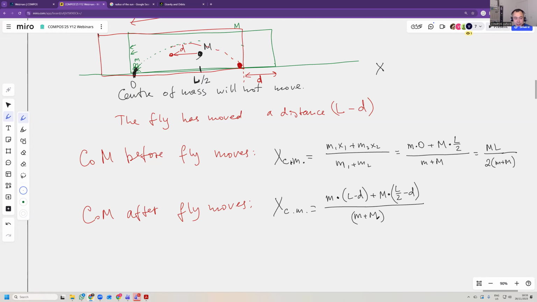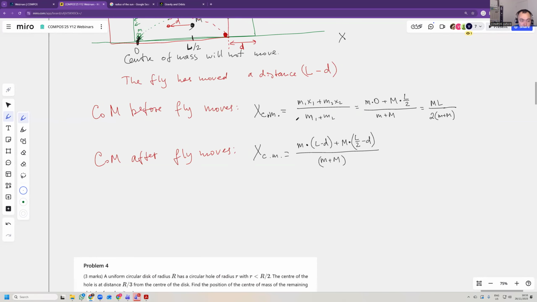Now, we know that the center of mass has not moved, so the old center of mass must equal the new center of mass. We just make them equal to each other.